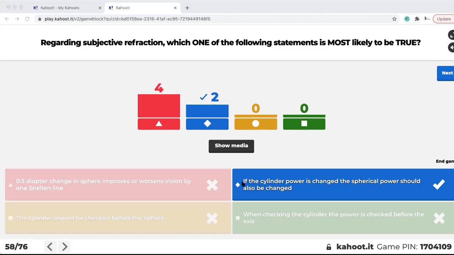But my theory for the first option is, so I go with option B, based on the practice and based also on the text. My theory is that option A is wrong because from practice, 0.5 diopter doesn't worsen or improve the vision in all patients, meaning that it can improve or worsen the vision in patients with myopia.